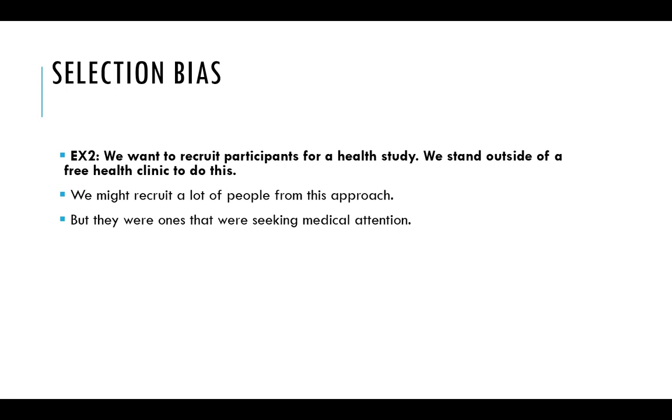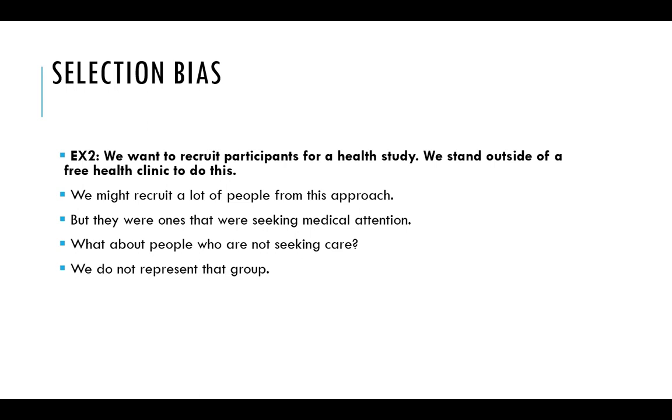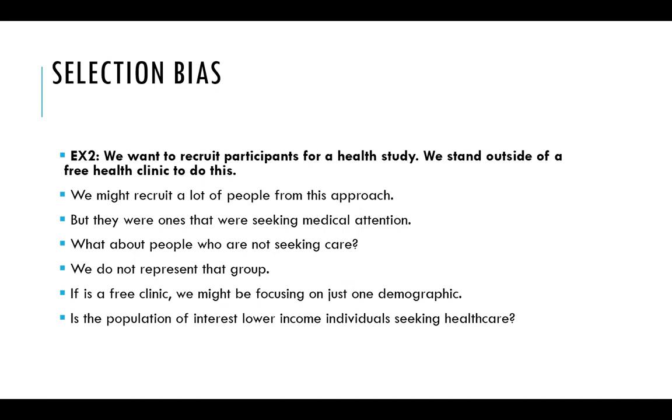But here's the problem. The fact that these people are going to a health clinic suggests that they were seeking medical attention. All right, that might make them different than, for example, those people not seeking medical attention. Well, I've just ignored a lot of people that might have different behaviors, that might have different health outcomes. So we're not representing everybody, we're just representing people who have a medical condition and they're seeking treatment for it. Also, if this is a free clinic, then we might be focusing on just one demographic, right?